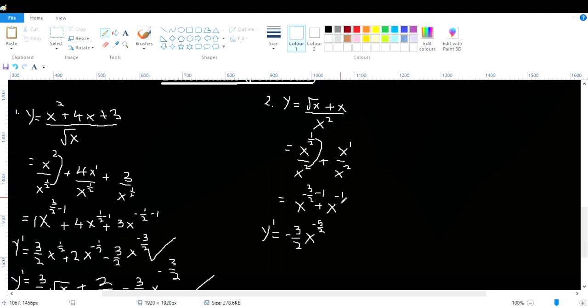Then here we have coefficient 1, positive 1 times minus 1, answer is minus x, then minus 1, answer is minus 2. For this one, this is the final answer.